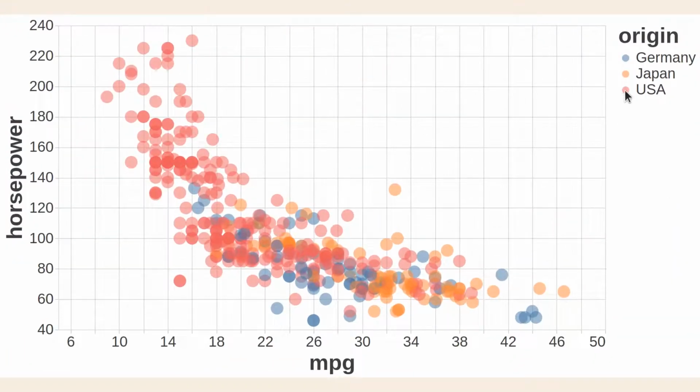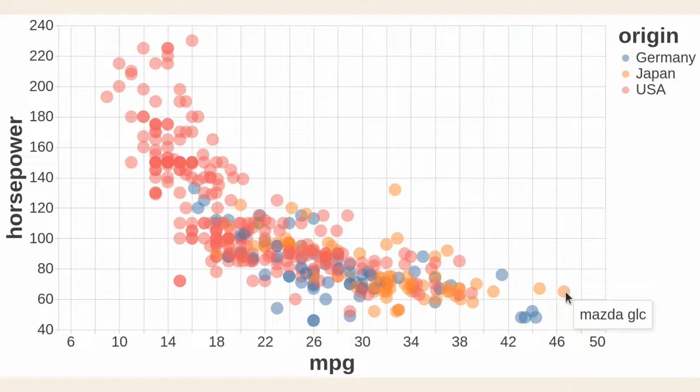Red here means USA, and it looks like USA have a lot of high horsepower, low MPG cars. We've got Ford, Plymouth, AMC, Oldsmobile, Chrysler. And the other two colors are Germany and Japan, and we see a lot of Japanese cars with high MPG and low horsepower.